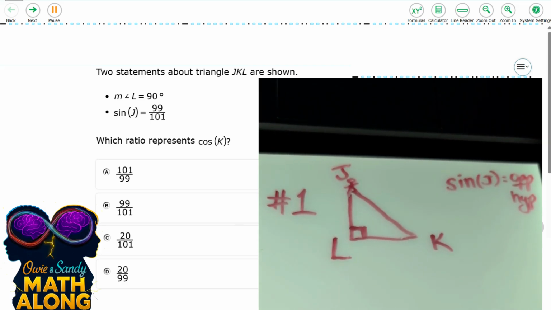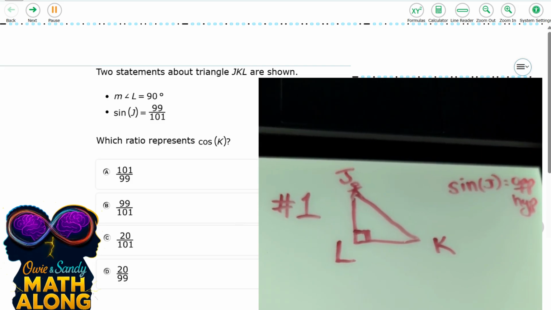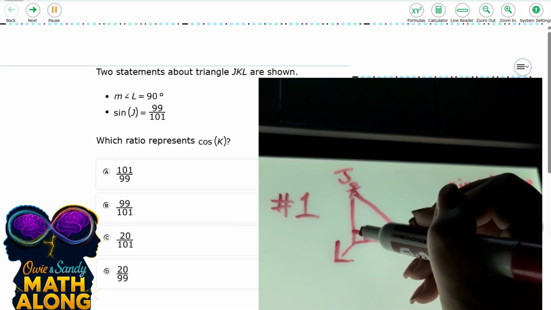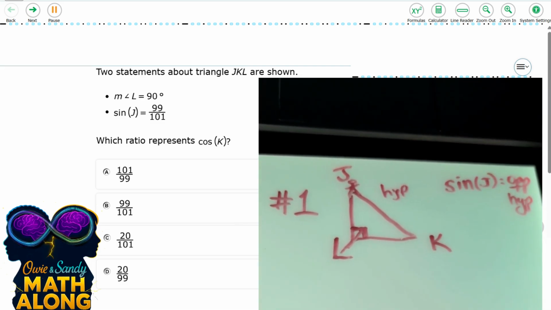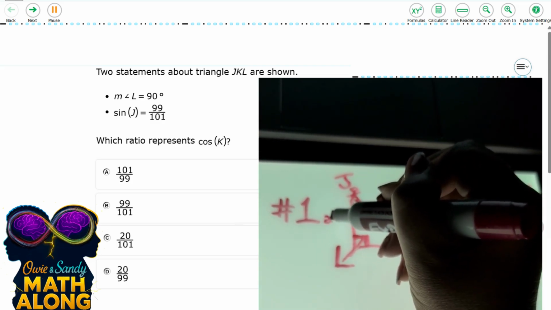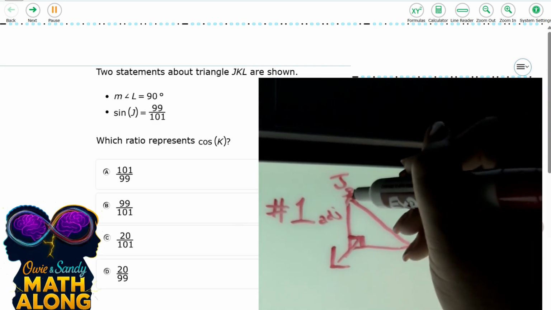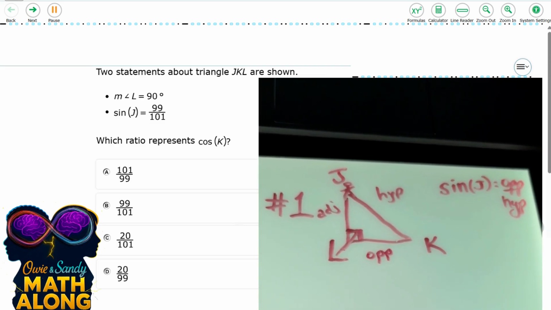As I stand there, my feet are going to touch the adjacent leg and the hypotenuse. Our hypotenuse, you can always draw a line here with your 90-degree angle, is what that points at. That's our hypotenuse. And the other one I'm standing on is the adjacent. That means the opposite is the one over here that I'm just looking at from across the triangle, okay?